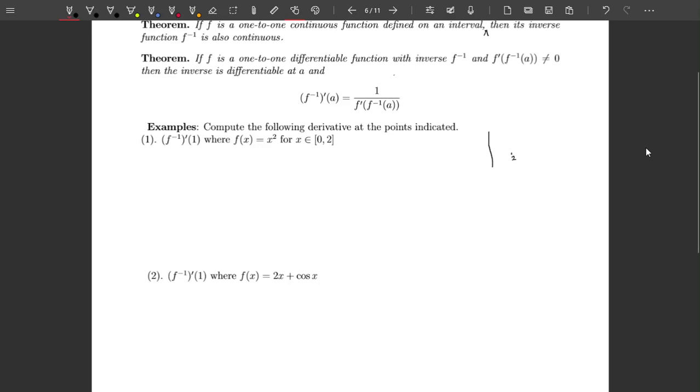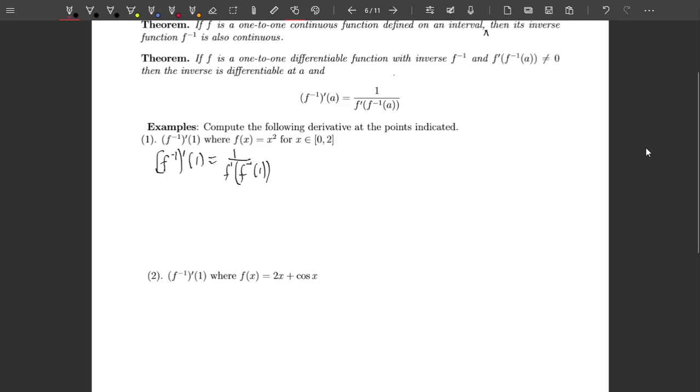To do that, we want to use the formula that we stated above. So we are looking for f inverse prime of 1, and that is replacing A in the formula with 1. That would be 1 over f prime of f inverse of 1.